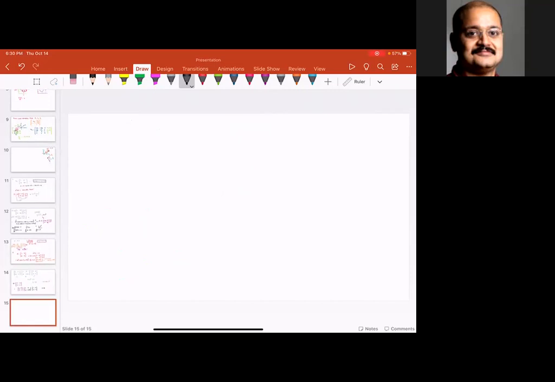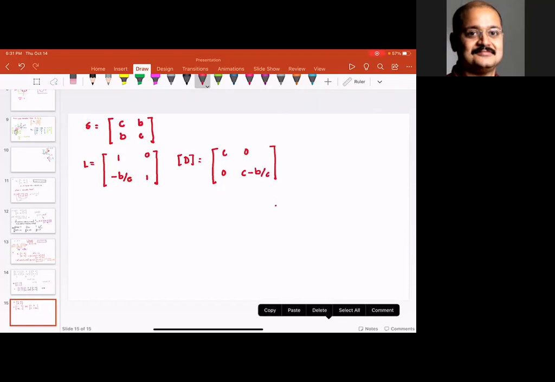And the last part is the matrix S, C, B, B, C. The L matrix for this is 1, B by C, 0, 1, and the D matrix is C, 0, 0, C minus B squared by C. The condition here is C has to be greater than 0, and C minus B squared by C has to be greater than 0.